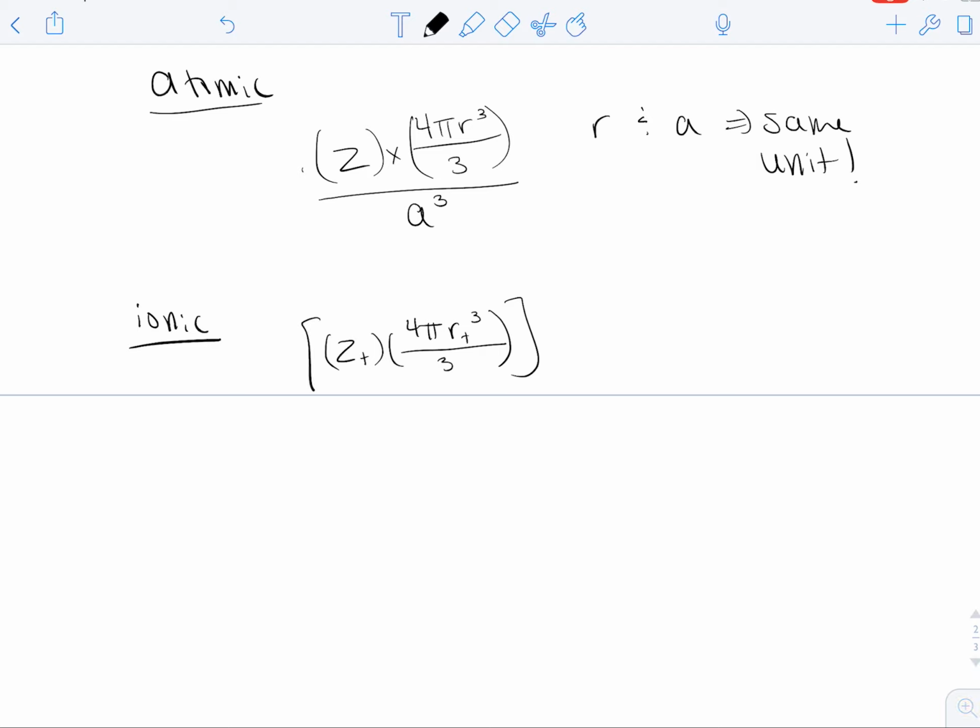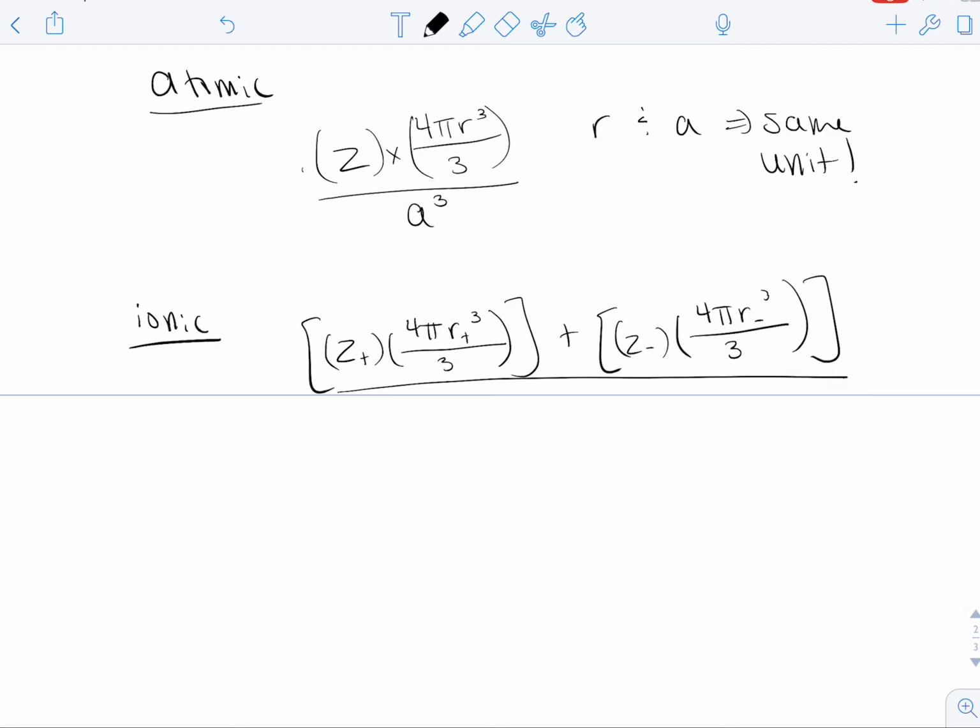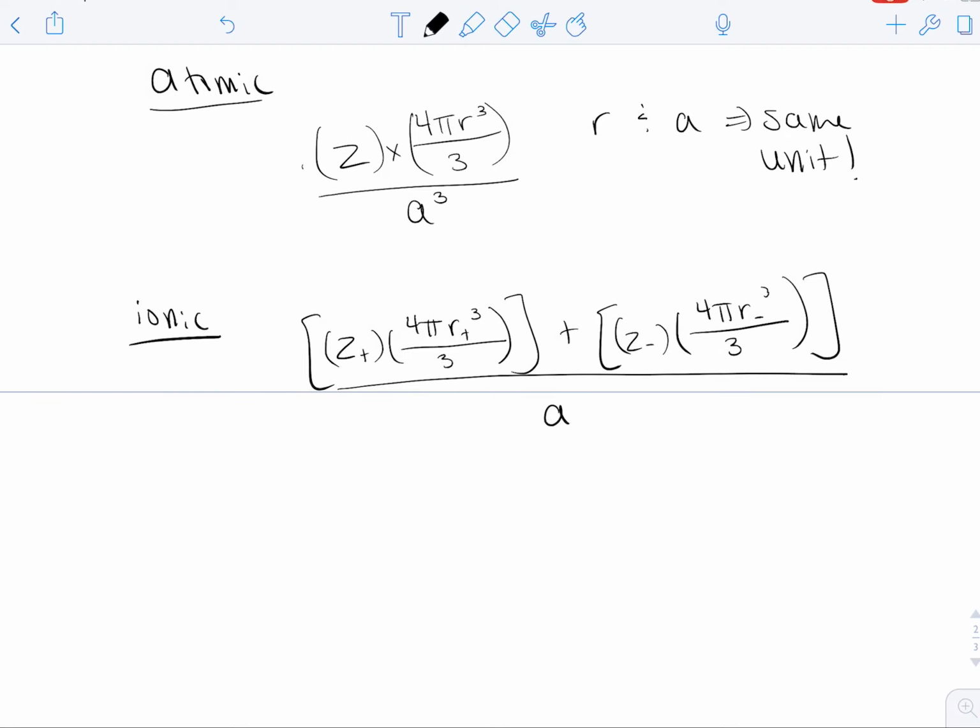And that whole thing is added to our Z minus times 4 pi R minus cubed, so the radius of our anion. Sorry. And there we go. And we're going to take this whole thing and divide it by A cubed.